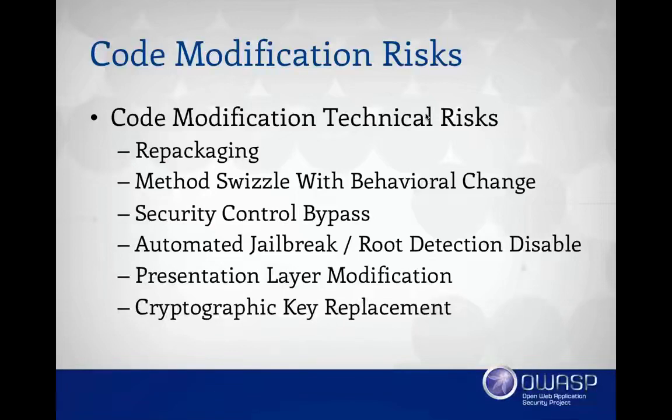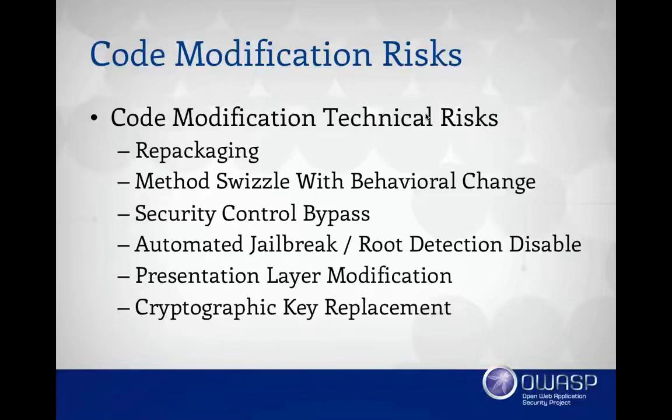Here we think about things like the XCON community, who use automated tools and scripts to force the application to run in a jailbroken or rooted environment, which is never a good thing. But it's typically a step towards something greater or more threatening to the app itself.